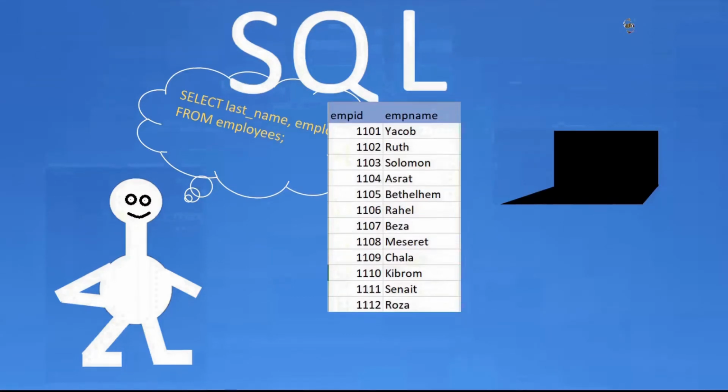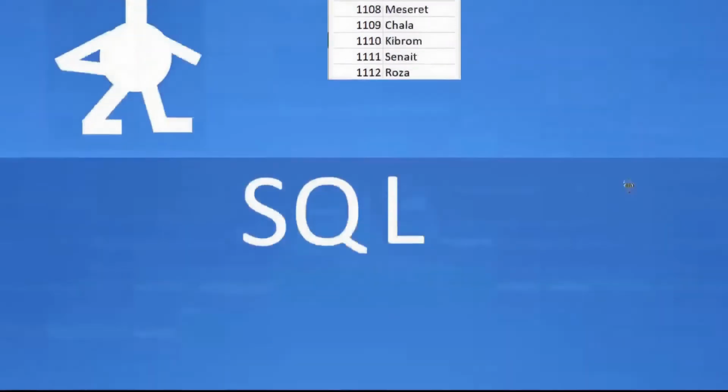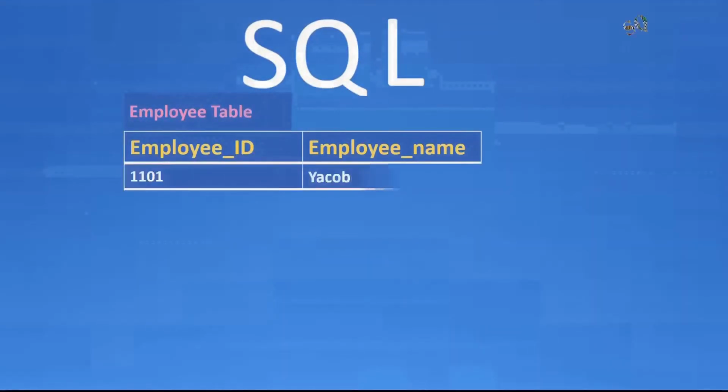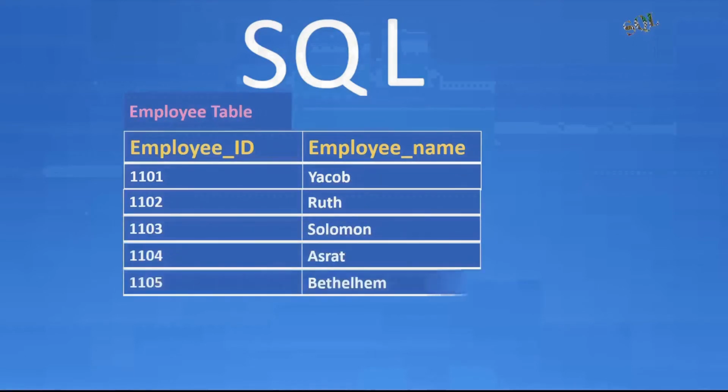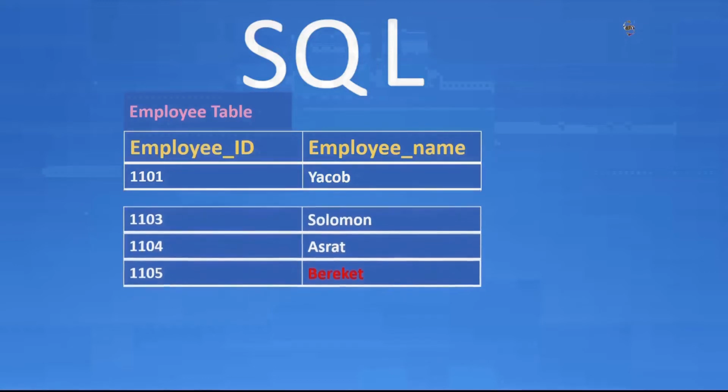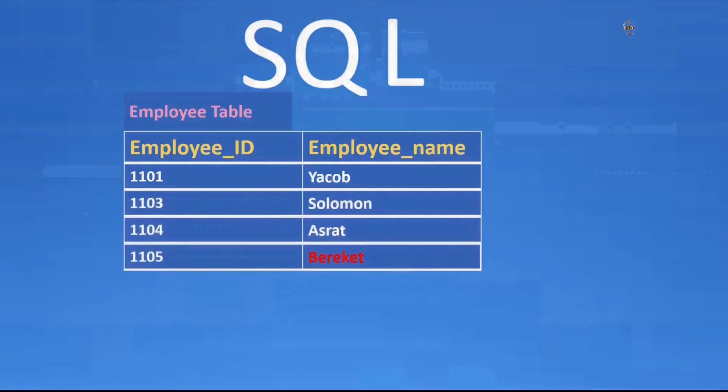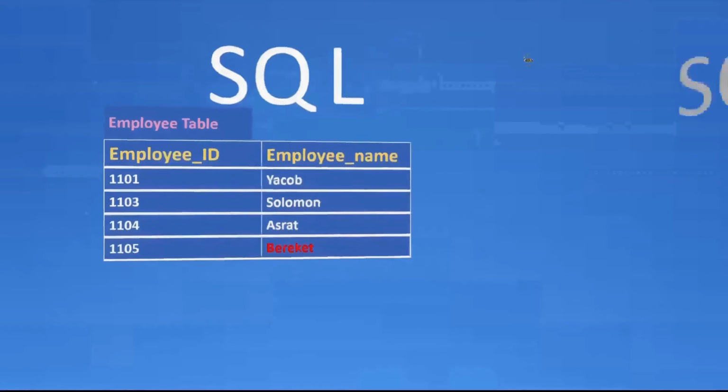That means SQL is also a programming language. Some of the things that we can do on a computer using SQL are storing data, updating and deleting data, data retrieving, which means retrieving the data we stored whenever we would like to utilize it.